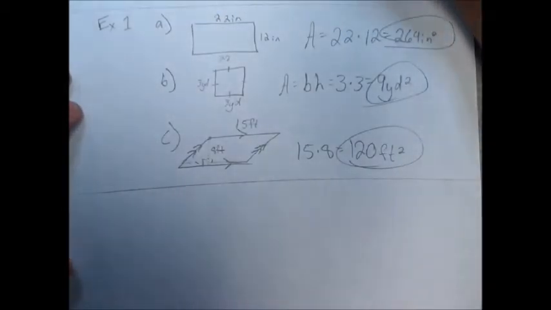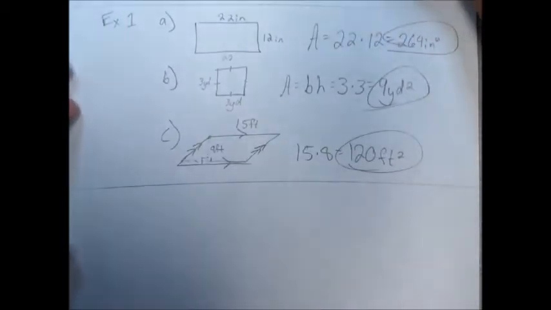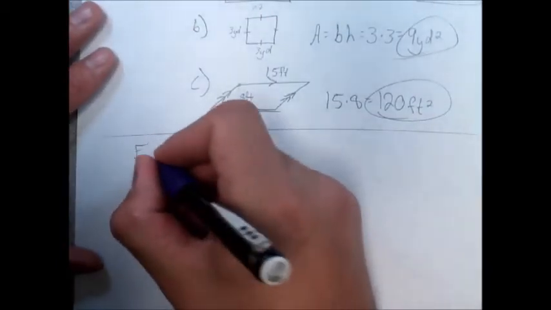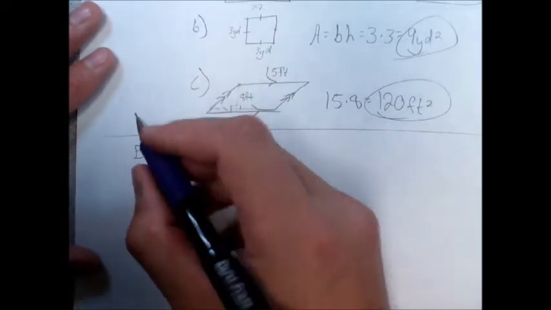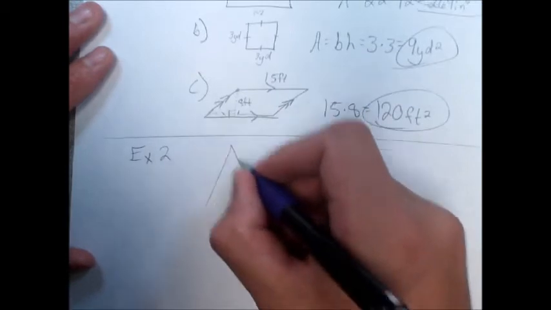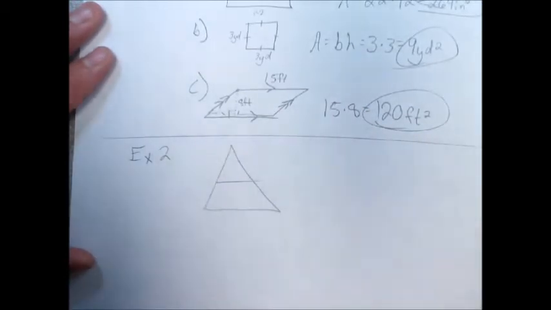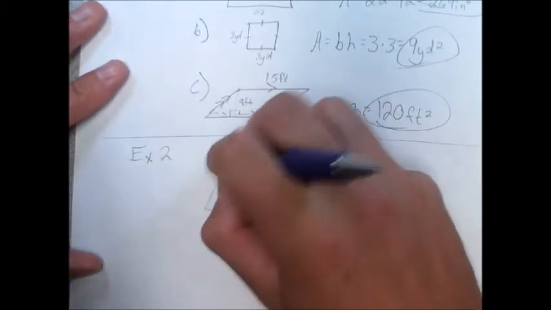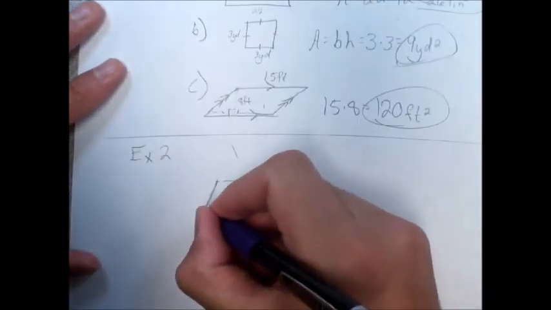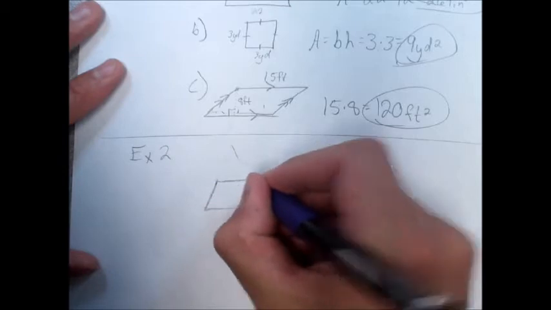Moving on to what a trapezoid looks like. Now, we remember that a trapezoid basically just looks like a triangle with its head chopped off. So if I had this triangle and I chopped it off at the top, that would be what a trapezoid looks like. So here's our trapezoid. Has two bases. In essence, it's a top and a bottom.